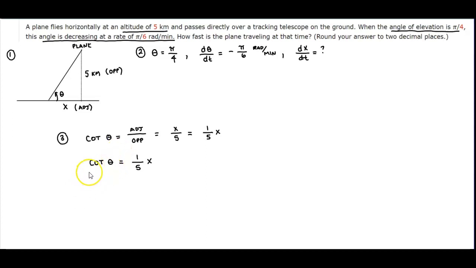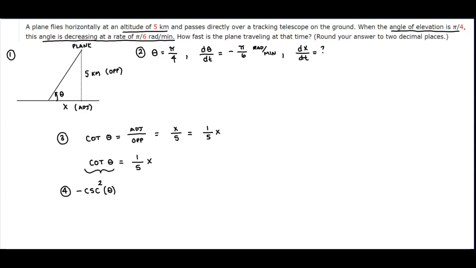Now the next step is we want to take the derivative of this equation. The derivative of the cotangent of theta gives us negative cosecant squared of theta.